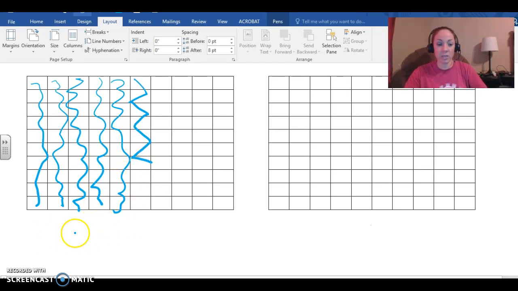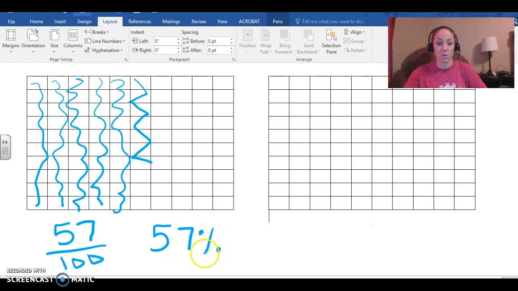In 6th grade, we can show this 57% in several ways. We can show 57 over 100 in fraction form. We can show it as 57%, or we can move the decimal point over 2 spots, which gives us 0.57 or 57 hundredths. Let's try a couple more of these.